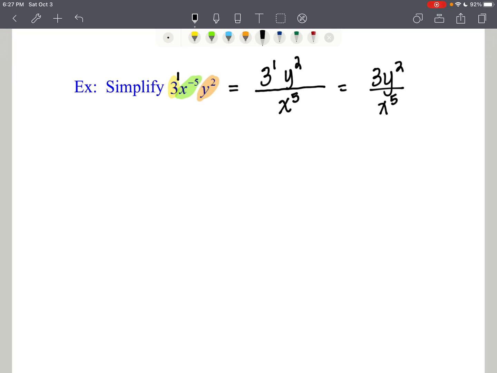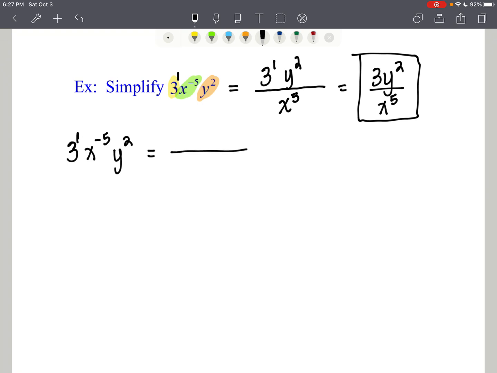So you're going to hear me say something like this. Given this problem, I might not even put the 1 there. I'm going to say, does 3 stay or go? Now, if I'm not sure, I might put the 1 there so that I can see that it's a positive exponent. Well, the positive exponent stays. Then I'm going to say, does x stay or go?